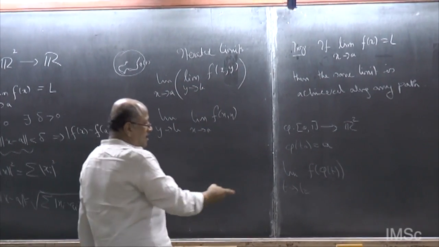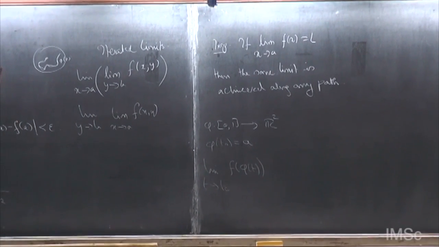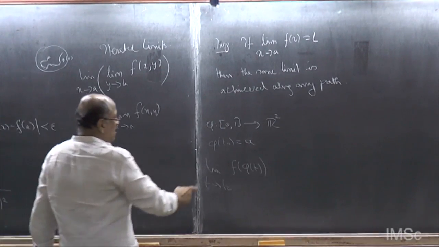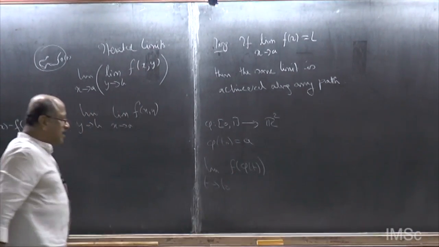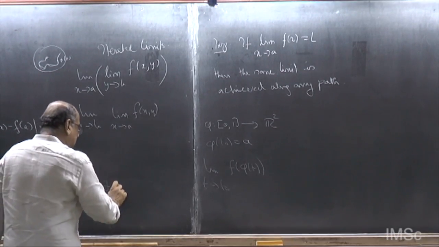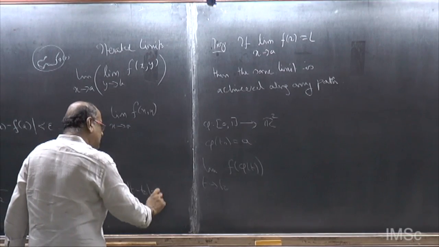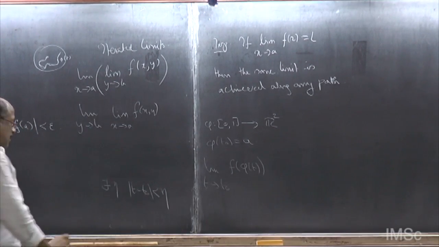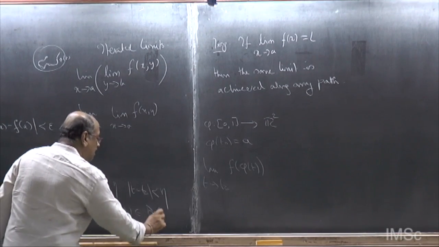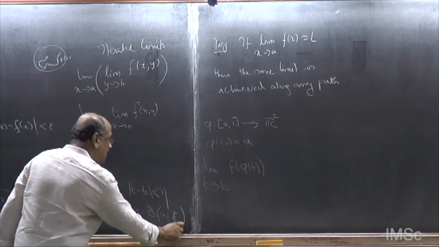Now, I am claiming this should also be the same as the original limit. Why? Because there exists eta such that mod t minus t naught less than eta implies phi of t belongs to the ball with center a and radius delta.